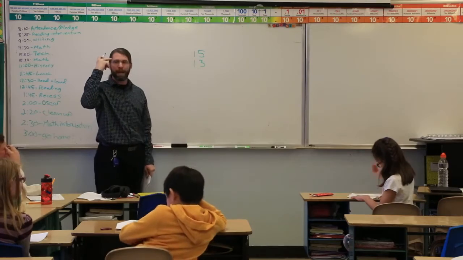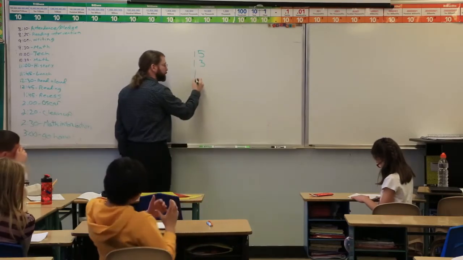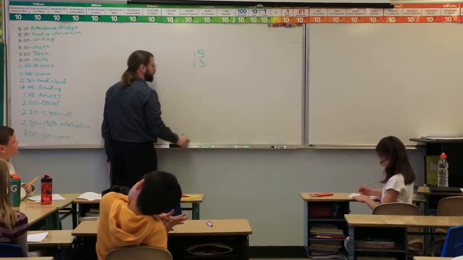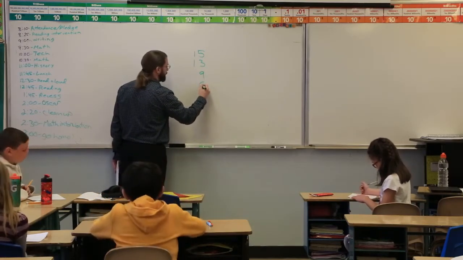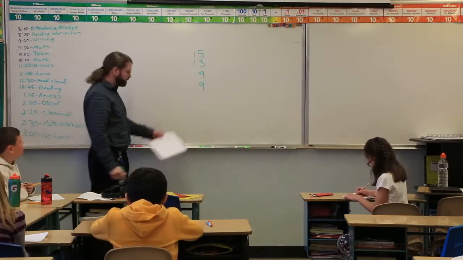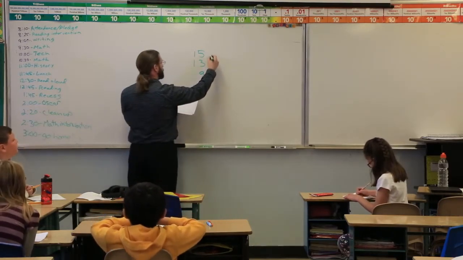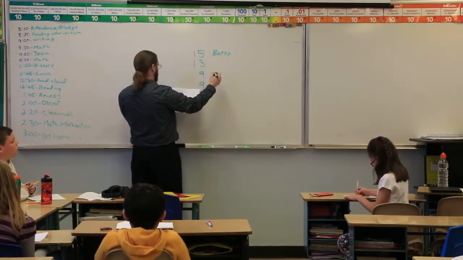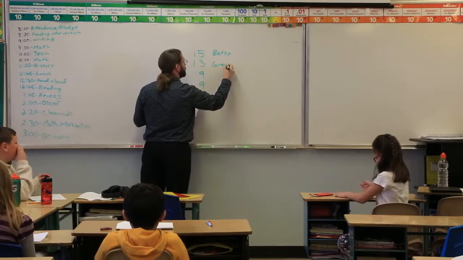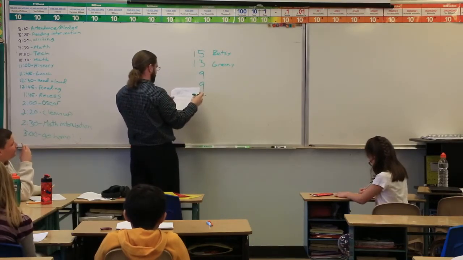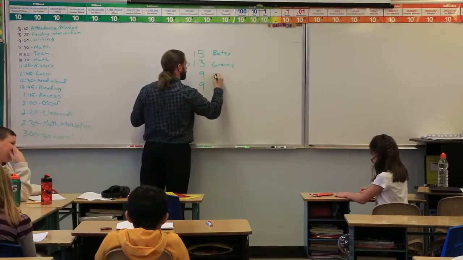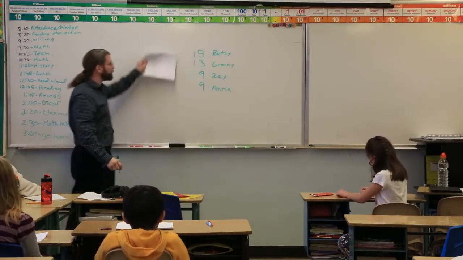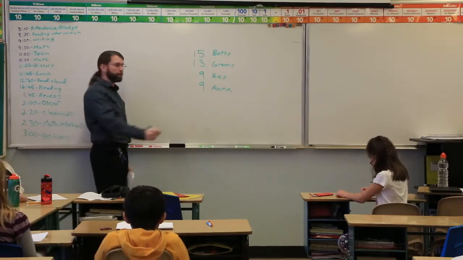Now if you can do mental math and go 9 and 9 is 18, and you just want to add it as an 18, that's fine. If you prefer to work with what you can see, you can add it as 2 child tickets. If you wrote their names out so you could remember who it was, Betsy, Granny, and Ray and Anna, that helps you keep it straight so you know you've got everyone accounted for in your ticket pricing.